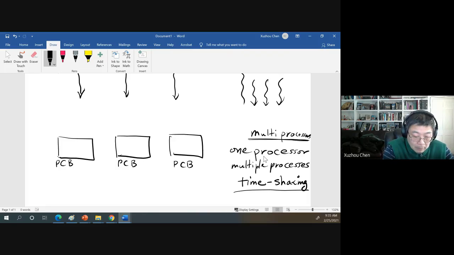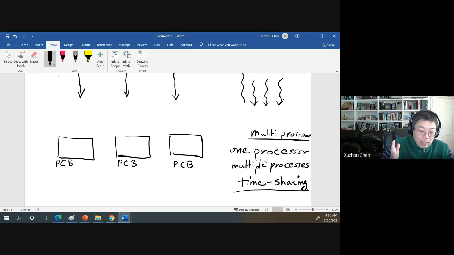Yes, that's correct. In that case, at each particular time, there's only one CPU, so the CPU can execute only one process at that time. If you take a snapshot of a particular time, the CPU is only processing one process.